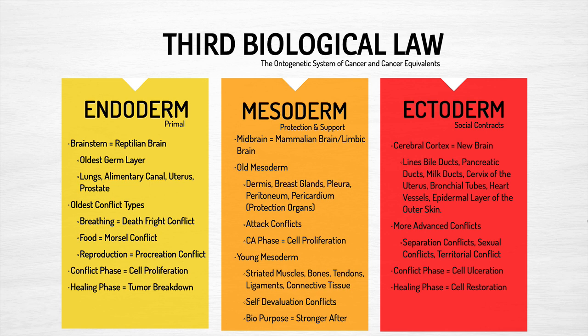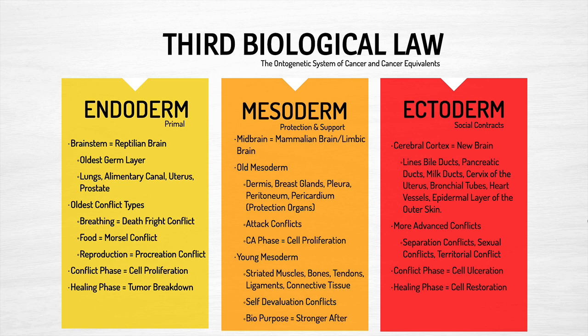That's how we know that there are these different phases. There are different ways to know where you are, what tissues are being involved, what conflicts are involved. And that's just the amazing thing about this model, this paradigm of understanding the body. We have an understanding for why each of these things is happening.